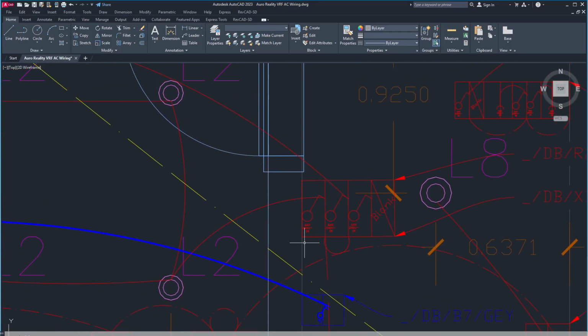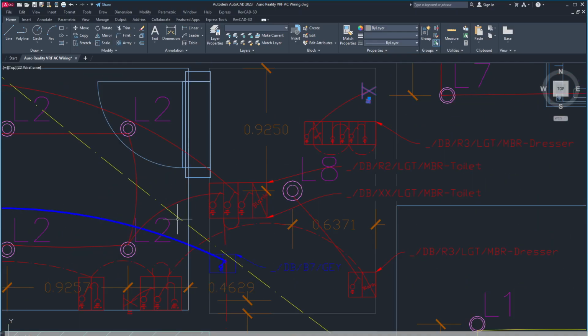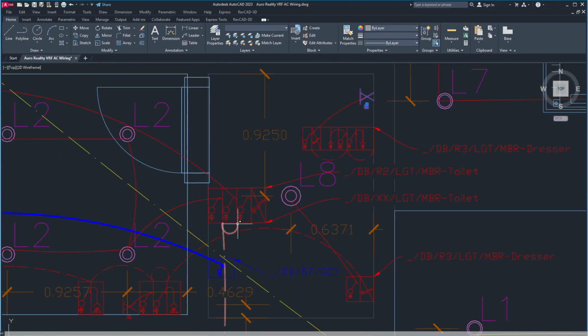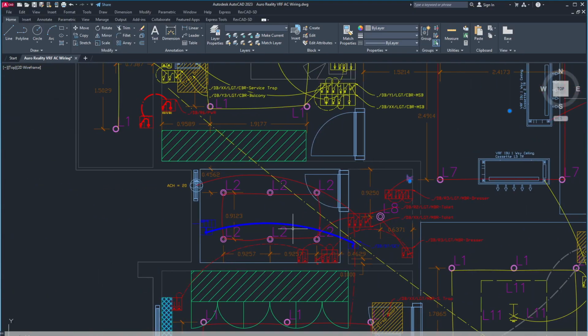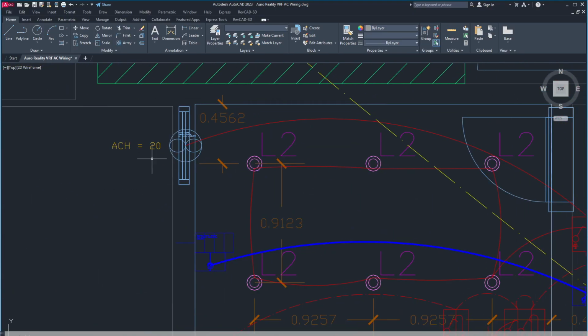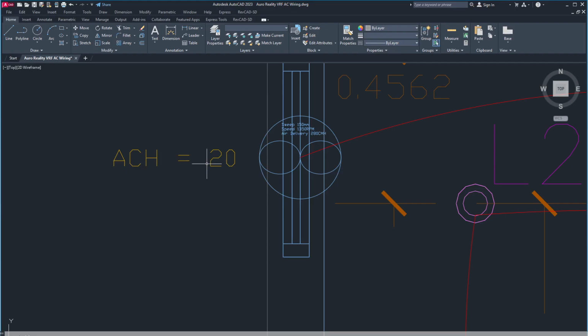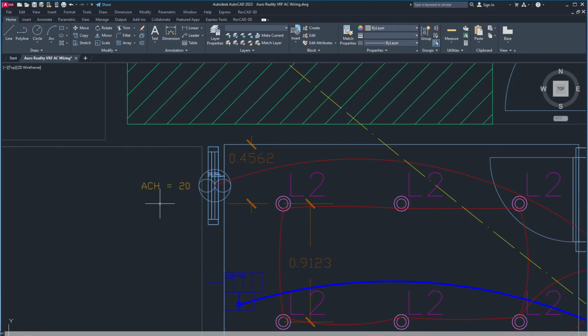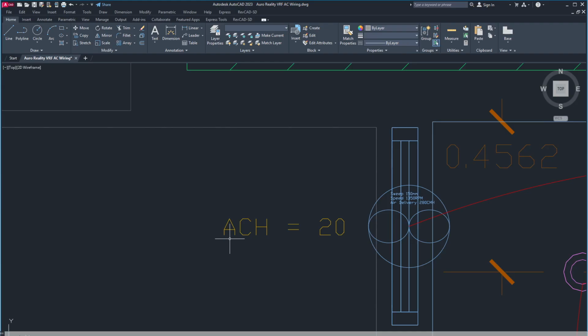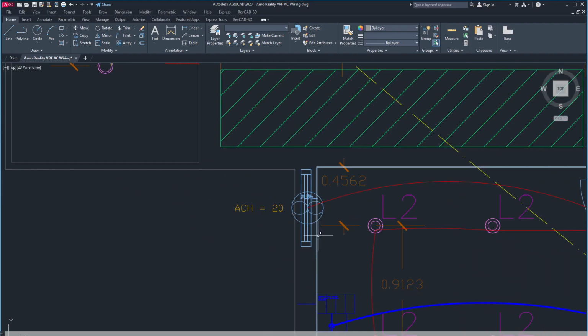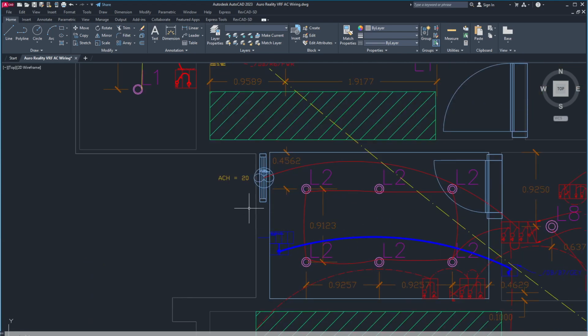This is for the bathroom. One switch for the downlights, 6 downlights. Second switch is for the exhaust fan. So for this exhaust fan here I have said ACH is equal to 20. That is air changes per hour. As per National Building Code NBC, ACH is 12.